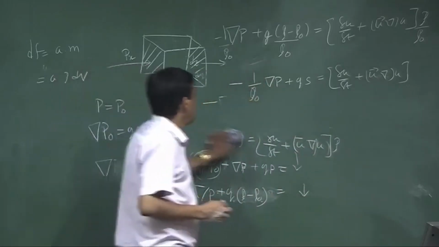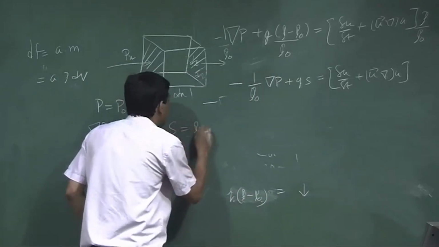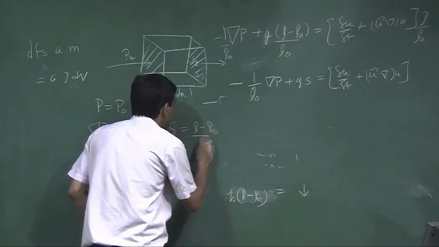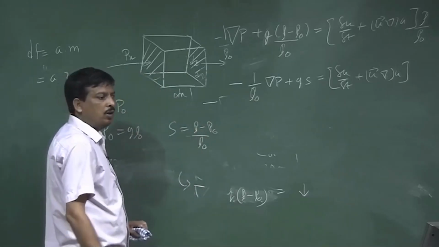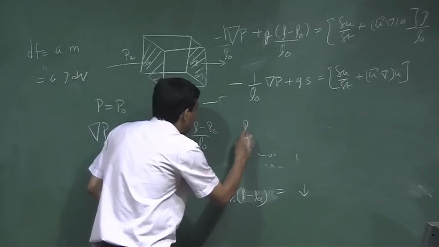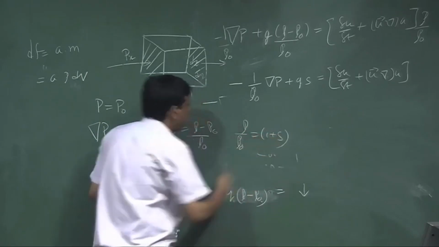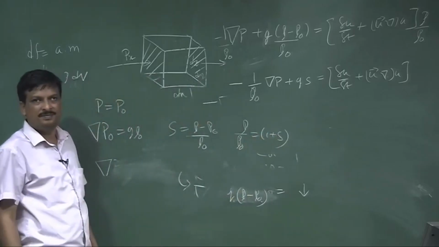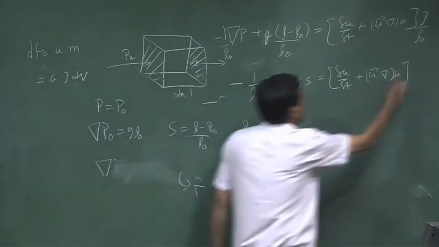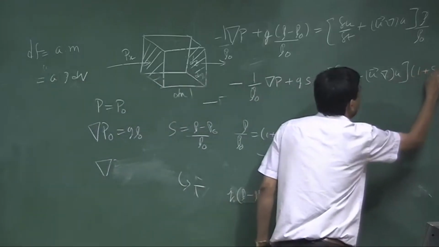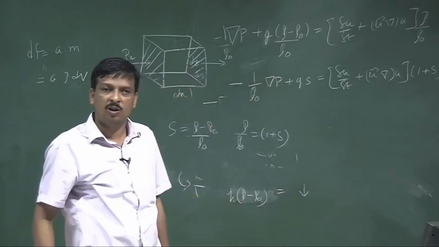What is S? S is nothing but (ρ minus ρ0) divided by ρ0. Okay. So, ρ by ρ0 is nothing but 1 plus S. So, I write 1 plus S, condensation 1 plus small s.